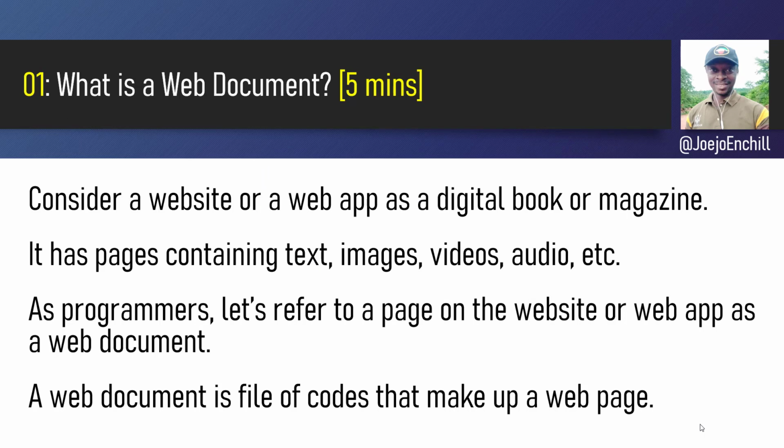With all these in mind, let's then consider a website or a web app as a digital book or a magazine. It has pages containing text, images, videos, audio, etc. So in actual sense, a website is more like a digital textbook.